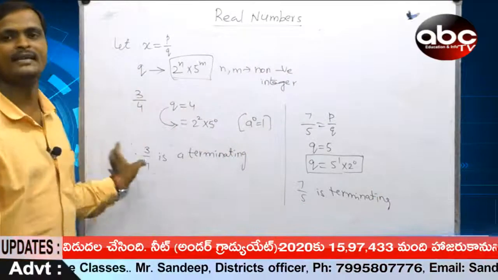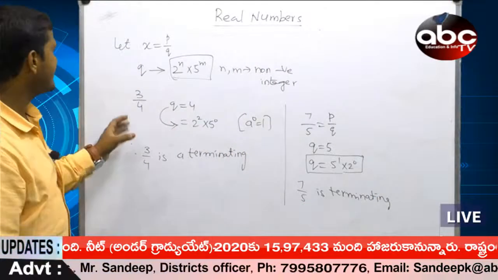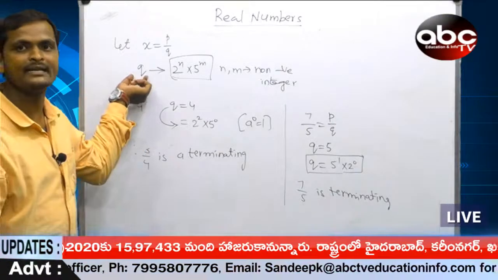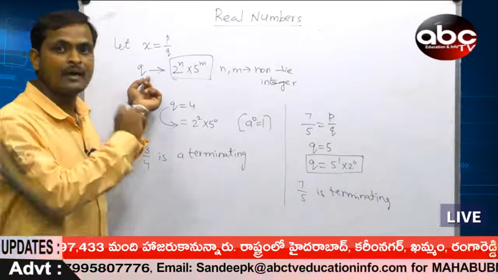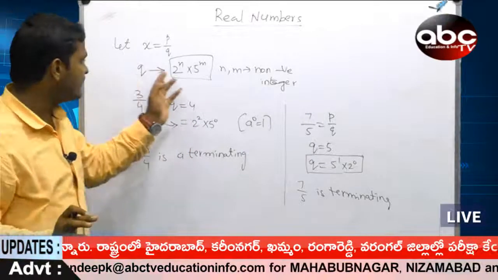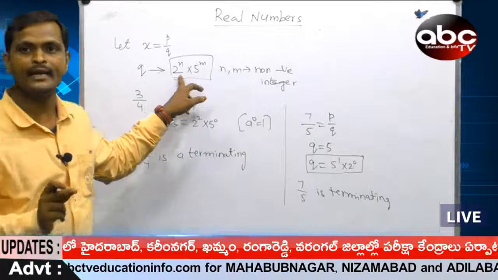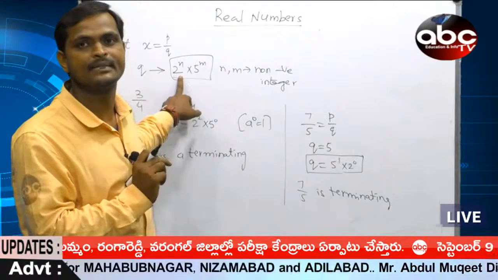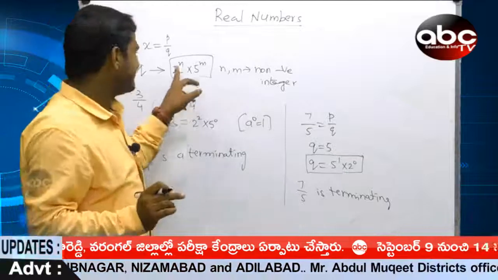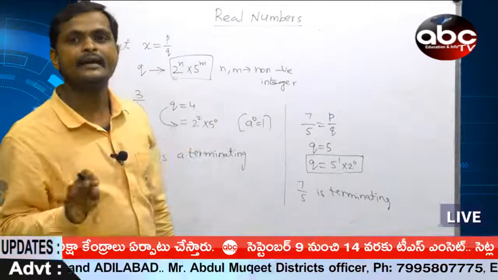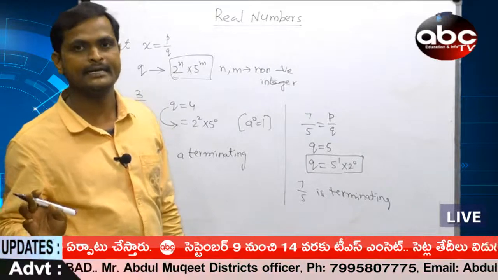Terminating decimal. Very simple. You can take any type of problem. Just see what Q is, that is the denominator. Does it have the form of 2 power n and 5 power m? Suppose it has the form of 2 power n and 5 power m, it is a terminating decimal. Suppose it is not in the form of 2 power n and 5 power m, that is a non-terminating repeating decimal.